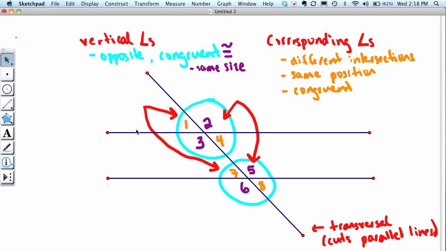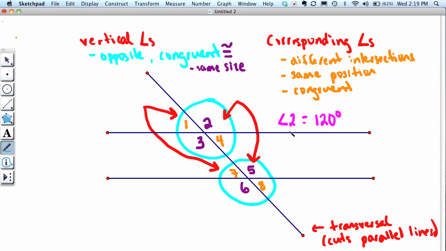Now, we can use these relationships to help us find the value of missing angles. So we're going to make an example of what that might actually look like. Let's say, for example, we are told that angle 2 is equal to 120 degrees.